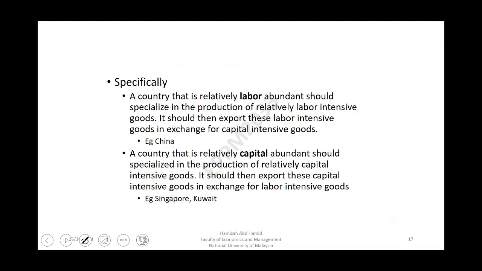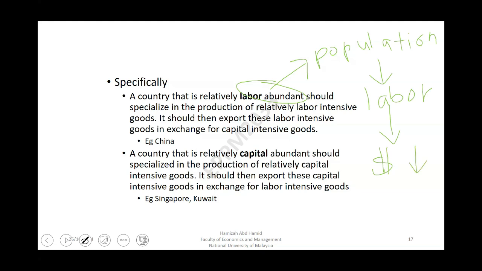For example, some countries are labor abundant. What are examples of labor abundant countries? Countries with high population. High population means they have a large reserve of labor, also meaning labor cost is low. Okay.